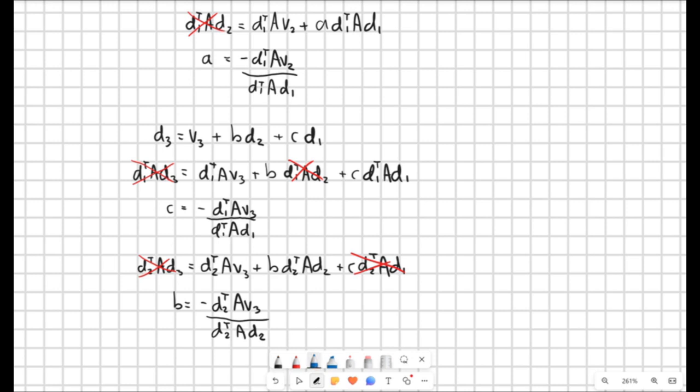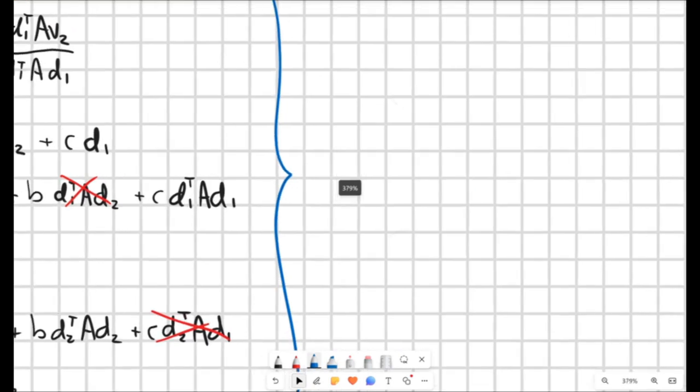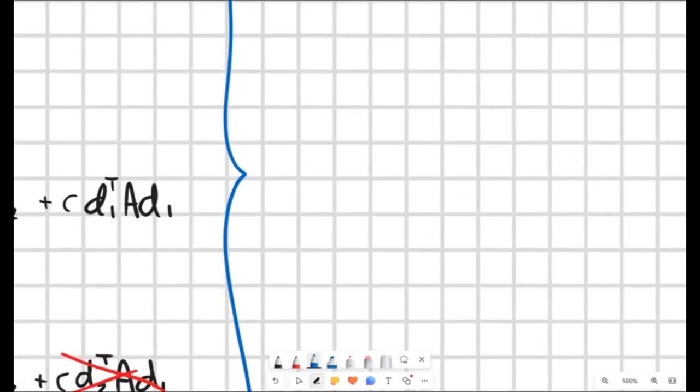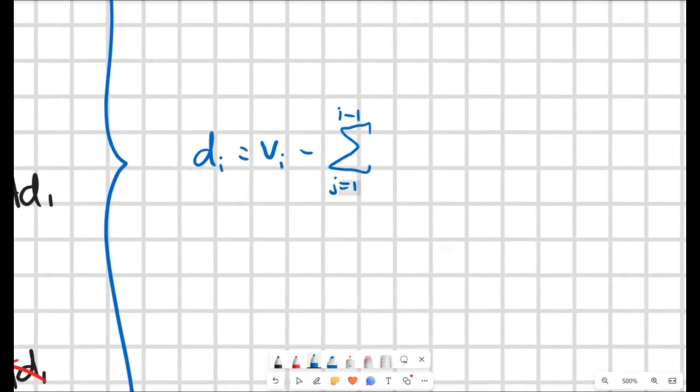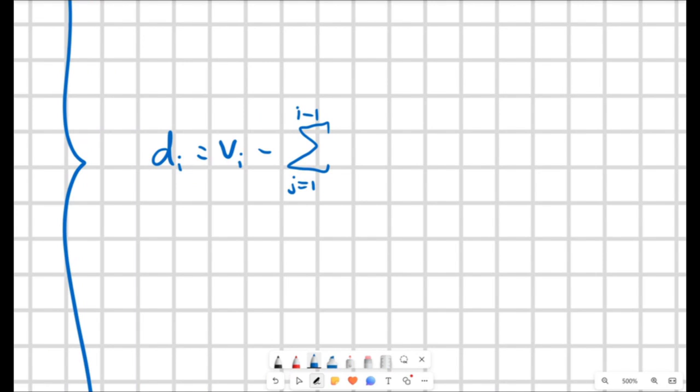So I'll put it over in the corner here. Generally speaking, for our ith search direction, di, we take the vector vi, and then we remove from it a summation, I'm going to use a j here, up to i minus 1, because we're actually removing the components of the previous search directions.